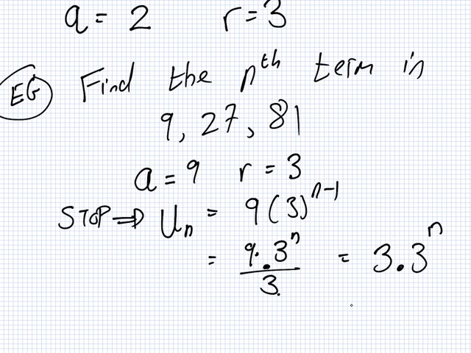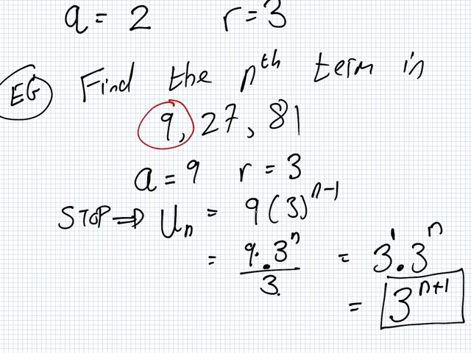But what would be the next and final step here if this is like a 1? So you could test that out. For the first term, n is 1. If I have 1 here, it's 3 to the power 2.